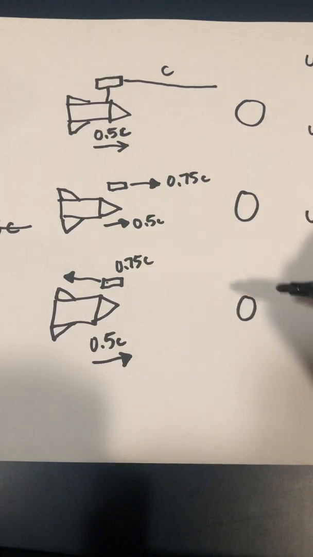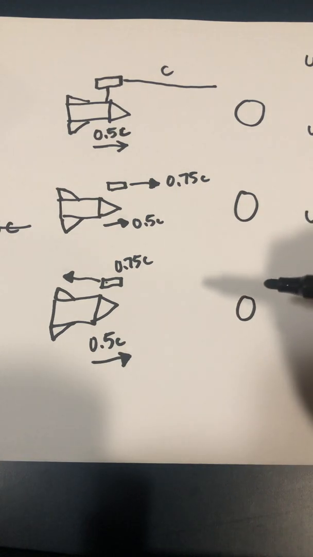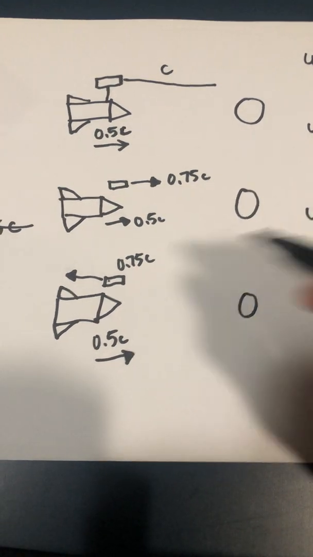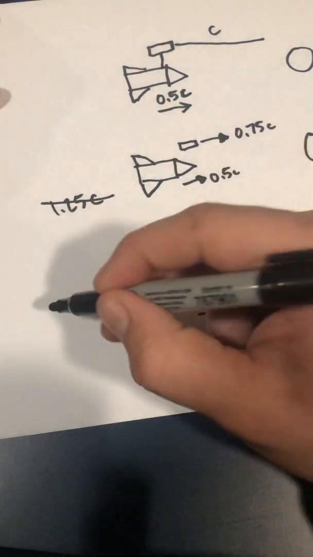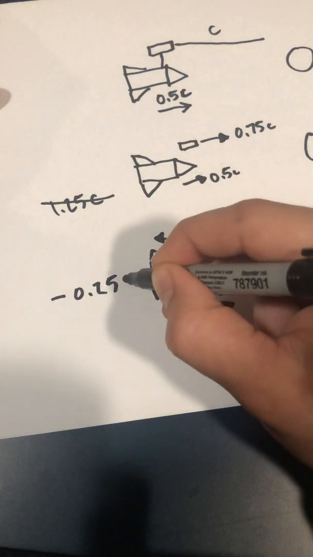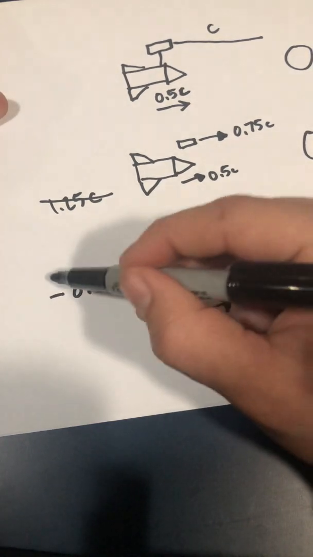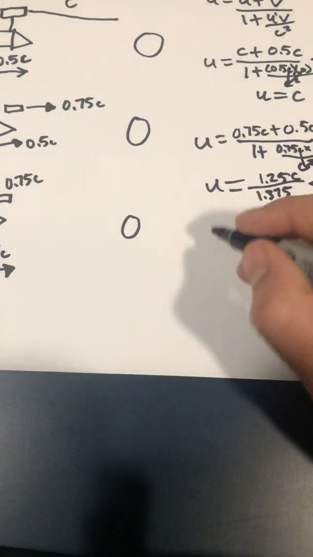It will come at Earth at a lesser speed than this, but it's not just simple subtraction. If it was like before, we would get an answer of negative 0.25 times the speed of light, which again, we will see that this is not the correct answer.